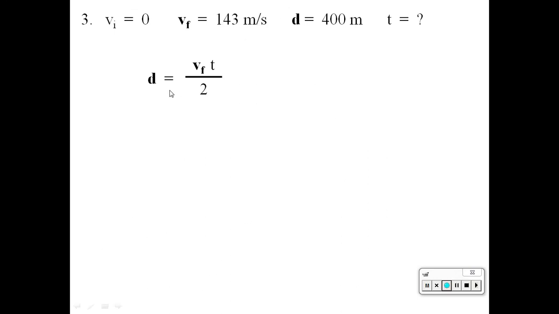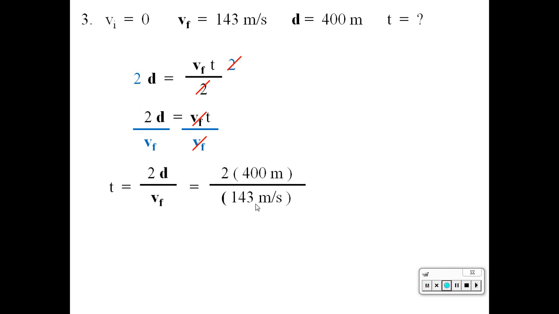Taking this onto a new page, we need to solve this equation for t. The way we can do that is multiply each side by 2, which will eliminate that 2 cancellation. What we're left with is 2d = v_f times t. Divide each side by v_f, and after canceling, we get t = 2d/v_f.